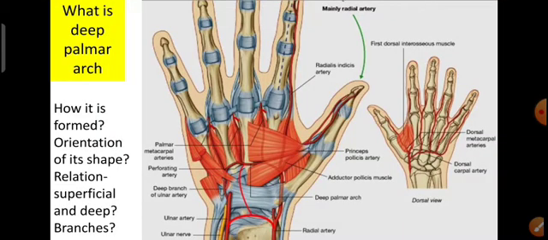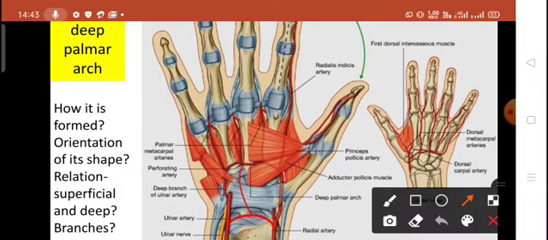In the hand, the radial artery passes forward between the two heads of the first dorsal interosseous muscle. This is the dorsal view of the hand.